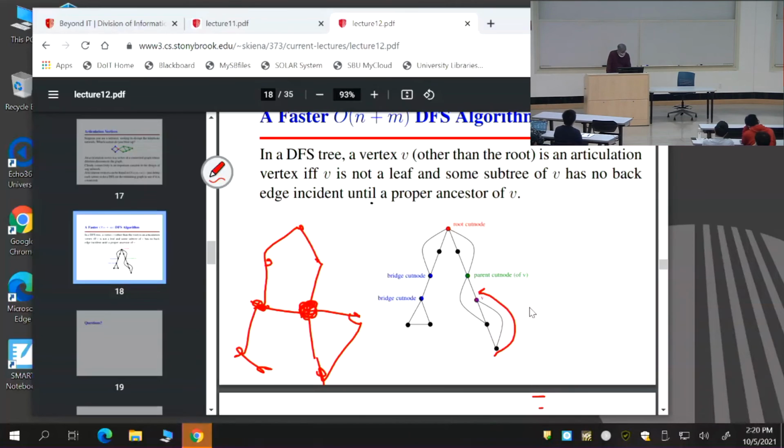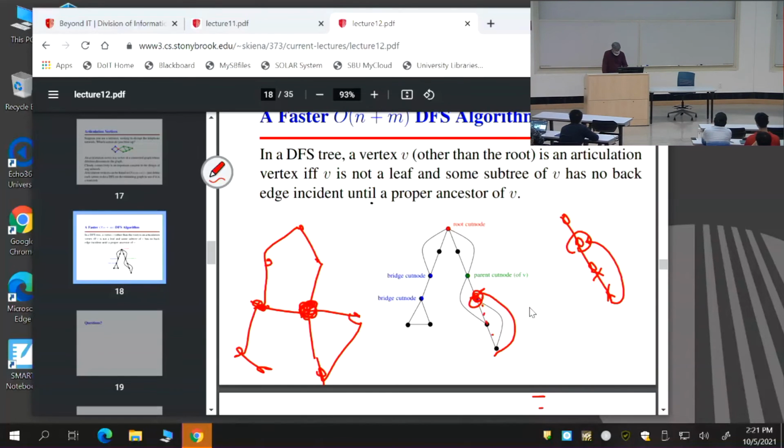If we have a back edge, none of those vertices on the path in the tree are going to be candidate cut nodes, except for the one that is the highest up. Because you could end up with a world where it looks something like this. This node, if you delete it, would disconnect the graph. This node cannot. This node cannot.